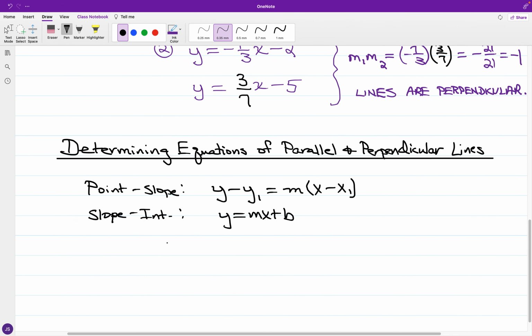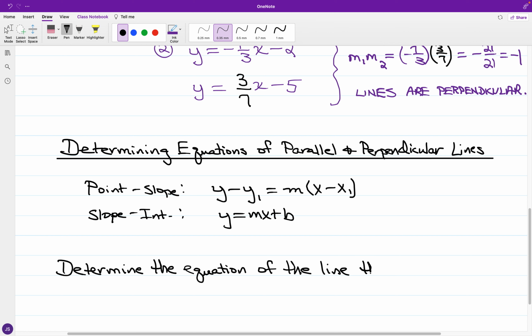Okay, now let's say that we were to determine the equation of the line, and we'll start out with parallel lines.